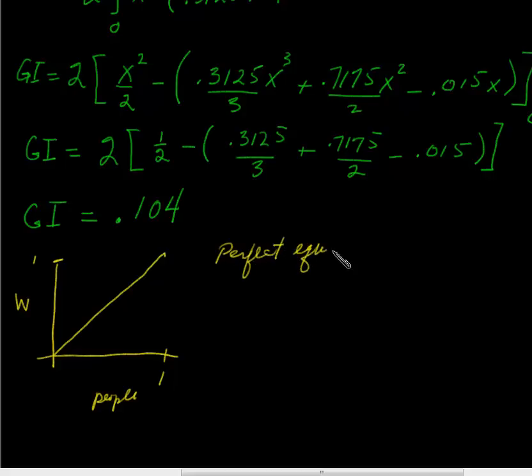In the case of perfect equality of wealth, my Lorenz curve and this yellow line would be the same. So the area between the two would be 0. So my Gini index would be 0 over 1/2, which would be 0.